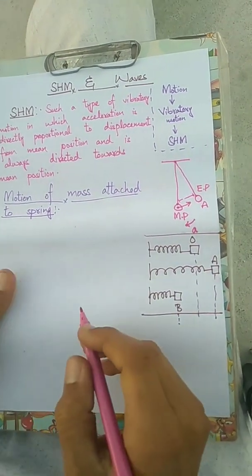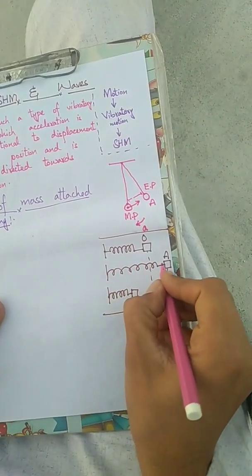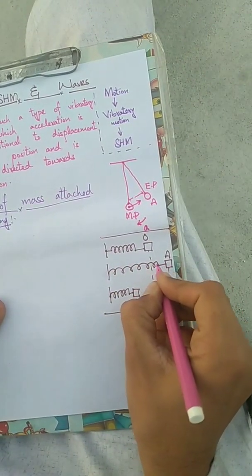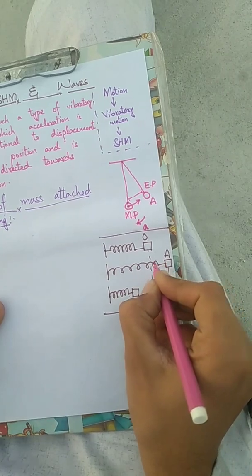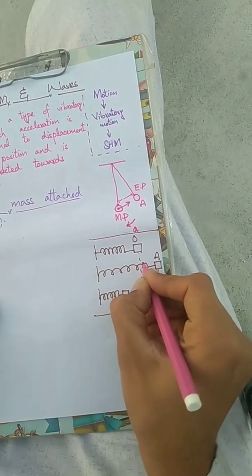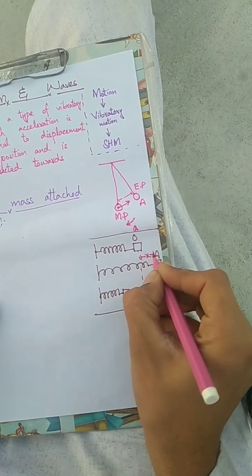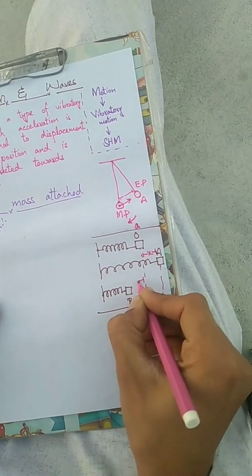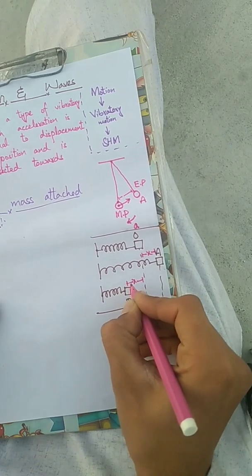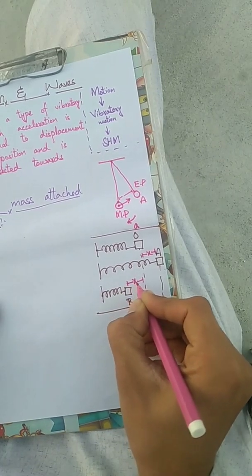We can apply Hooke's law on this mass, because when we stretch the spring, it exerts an opposing force. So let's say that this spring is stretched through a distance x towards the right, and its distance would be the same on the left-hand side when it moves towards the second extreme position.